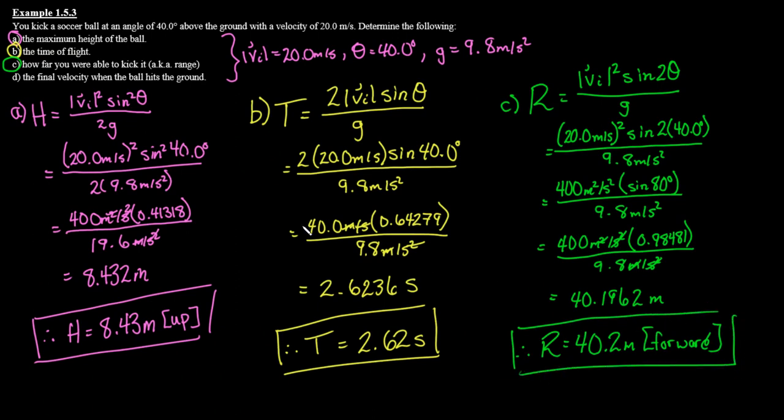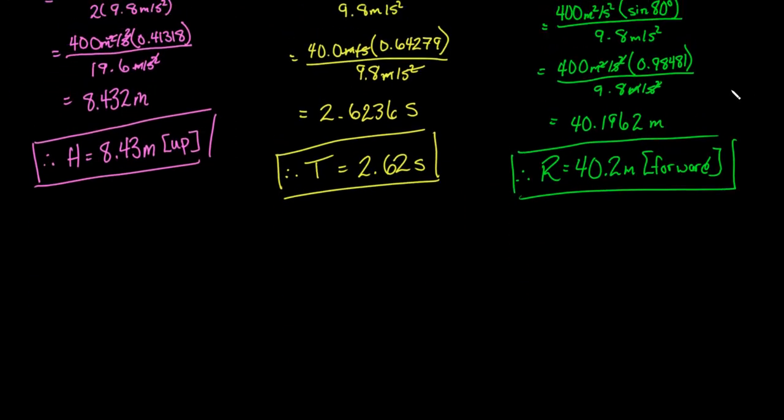And then last, D asks us to solve for the final velocity as the ball hits the ground. We would normally break it down into components here, but let's just look at the situation again. If we look at our initial velocity, it goes up, and it's going to come down.